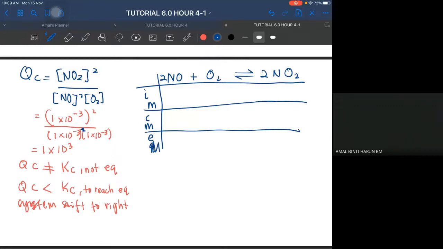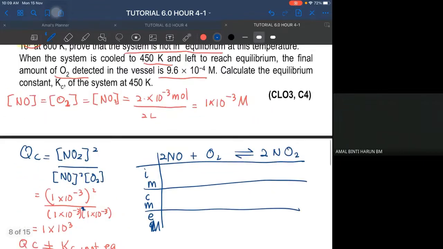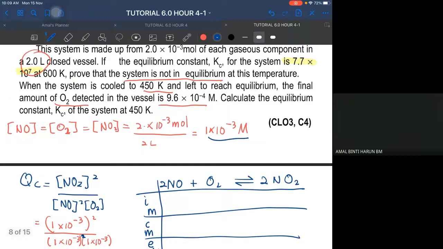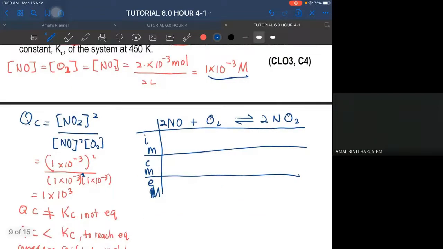Initially, ada tak concentration dia initial? Ada, yang kita dah cari, which is 0.001, 0.001 dan 0.001.